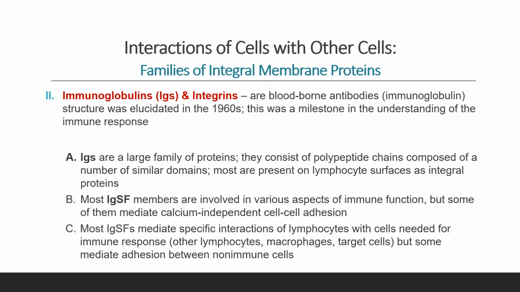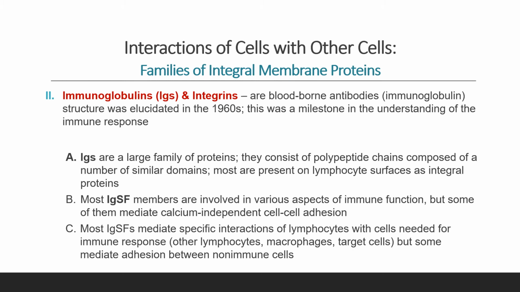Next, you have the immunoglobulins or IGs and integrins. They are blood-borne antibodies, the immunoglobulins, and their structure was elucidated in the 1960s, which was a milestone in understanding of the immune response. IGs are a large family of proteins consisting of polypeptide chains composed of a number of similar domains, and most are present on lymphocyte surfaces as integral proteins.